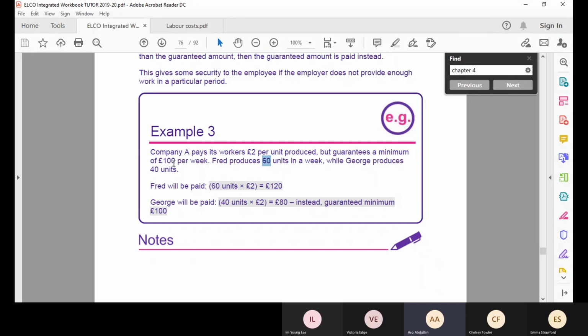No matter if you make 10 or 30 or 40, you will receive £100. So Freight will be paid 60 units at £2, which means £120. George will be paid 40 units at £2, £80, so instead he gets the guaranteed minimum of £100.